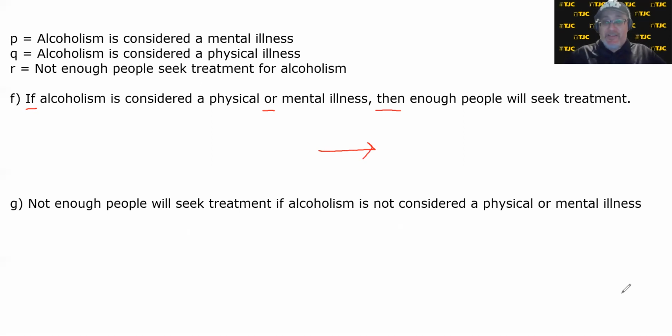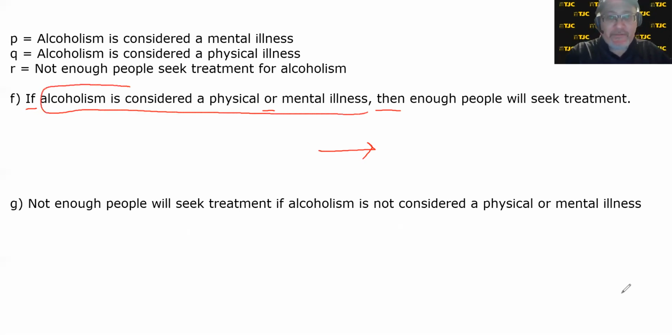On the left side of the arrow, we write the statement between if and then, and more specifically following the word if. And the phrase following the word if is all this. Because all of that is on the left side of a connective, and all of that is another compound statement in its own right, it's going to go in parentheses.